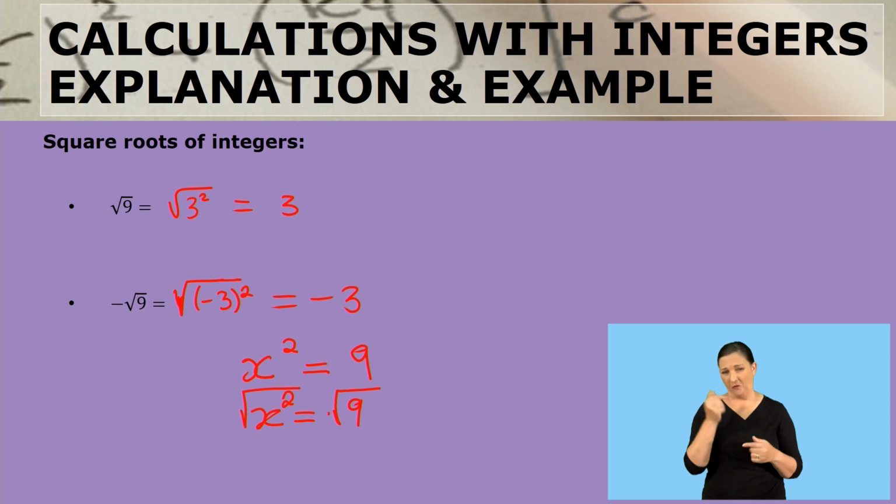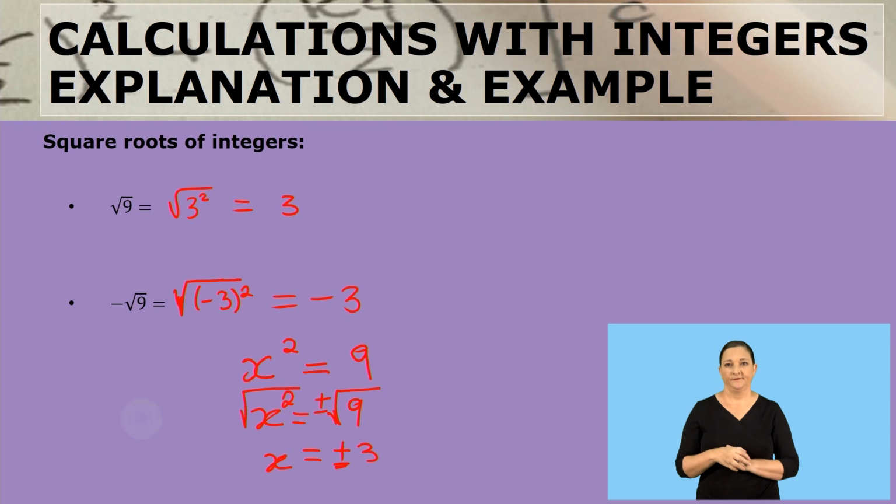But now because we don't know whether it's a positive square root or a negative square root, we need to accompany that square root with a plus minus sign there. So now we have the square root of x squared is equal to plus minus the square root of 9. And what is our answer going to be there? Our answer is going to be either a positive or a negative 3.